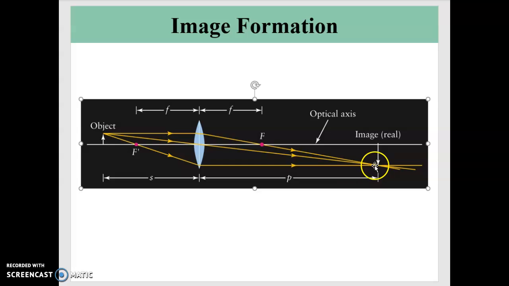So here's what we call the image. And we often denote the distance between the object and the lens as this distance S. The distance from the lens to the image is often denoted as P, and the distance from the lens to the focal point is the focal length F.